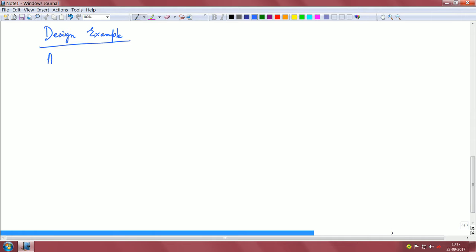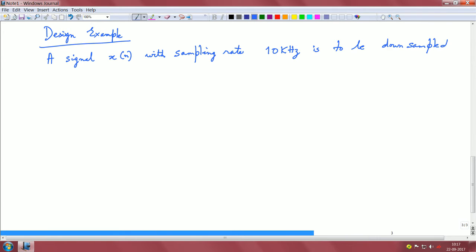So, let us consider a signal x of n with sampling rate 10 kilohertz, which is to be downsampled by a factor M equals 100.